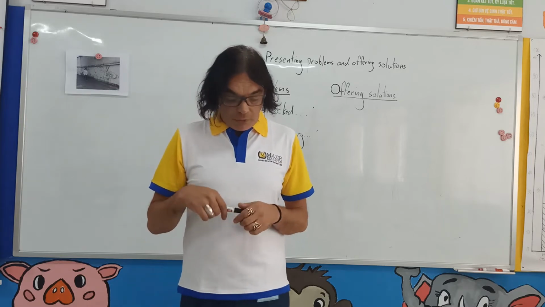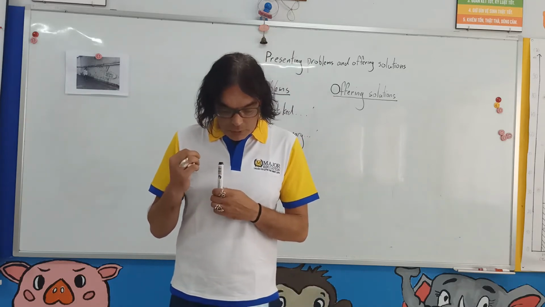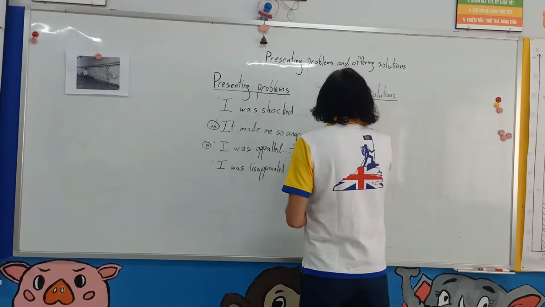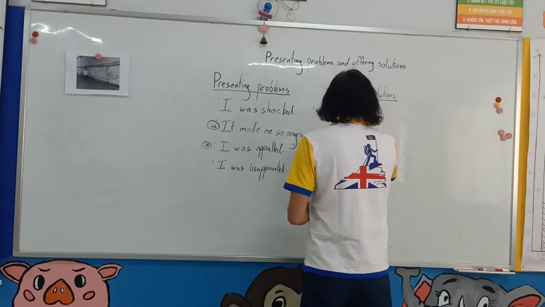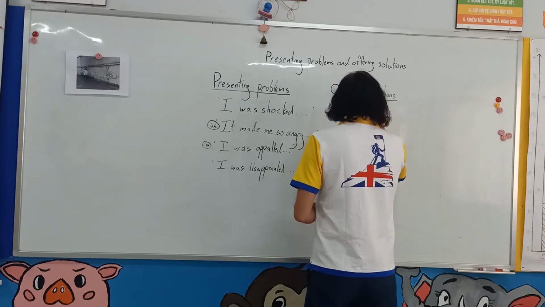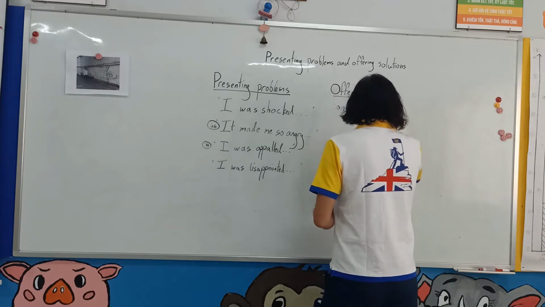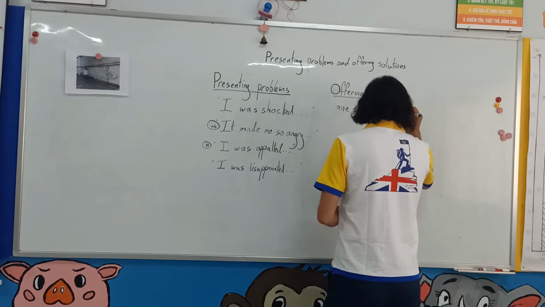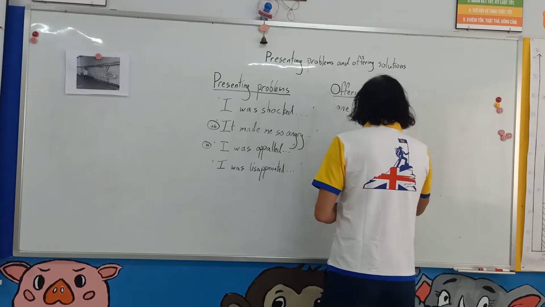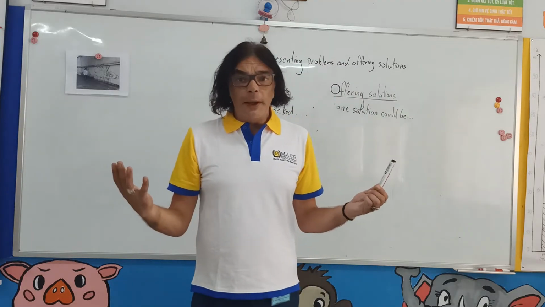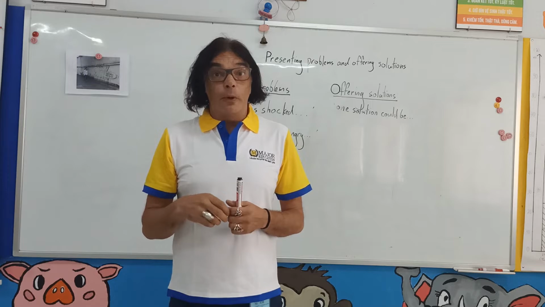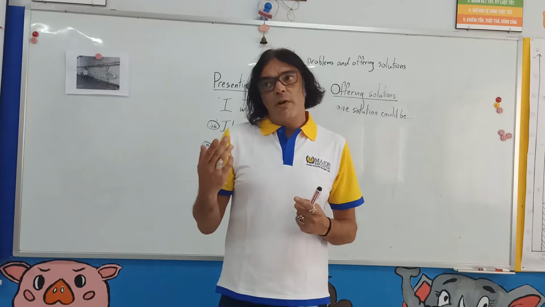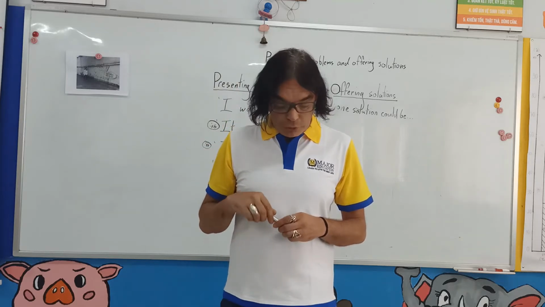Maybe your friend has got some solutions for you. Words they could use are very simple. One solution could be if we find the people who vandalize and graffiti our cities. Very simple. We're just stating that one solution could be.